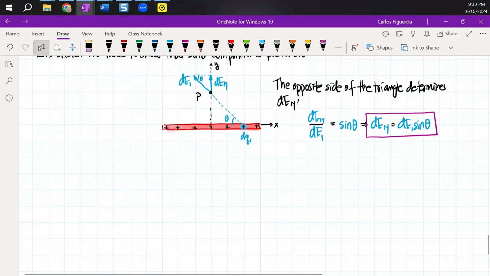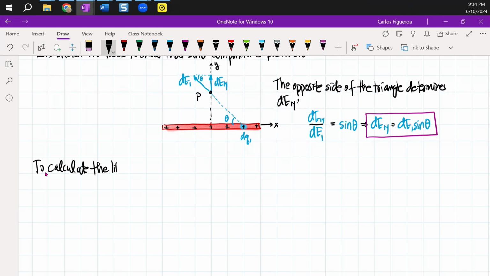So now we could calculate this. To calculate the little dE line field, we summarize the details that we've already talked about.